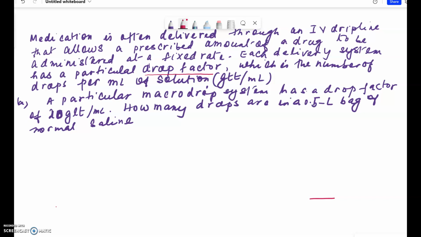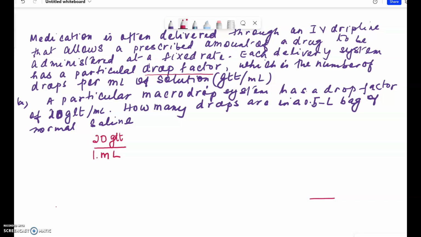So a particular system has a drop factor of 20 GTT, that is just drops per milliliter. How many drops are in 0.5 liters of normal saline?